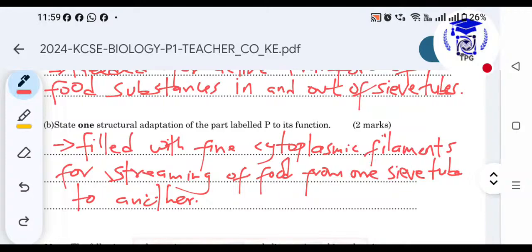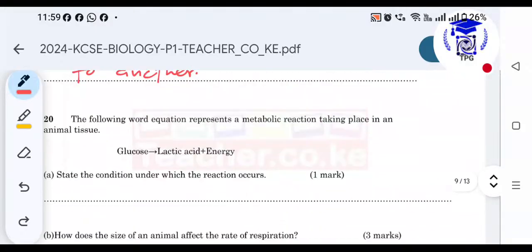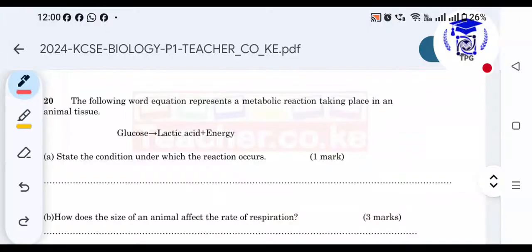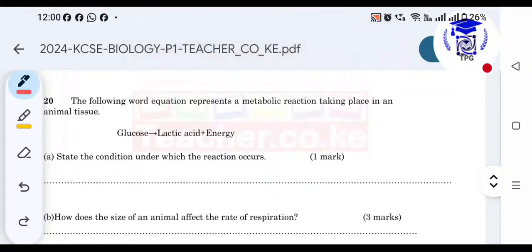Number 20. The following word equation represents a metabolic reaction taking place in an animal tissue. Glucose becomes lactic acid plus energy.